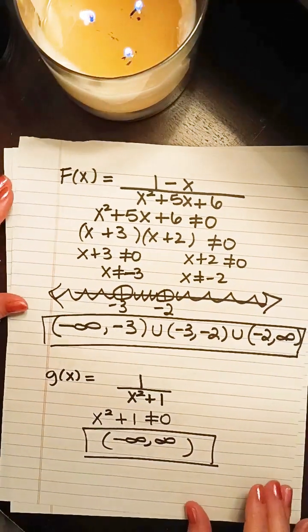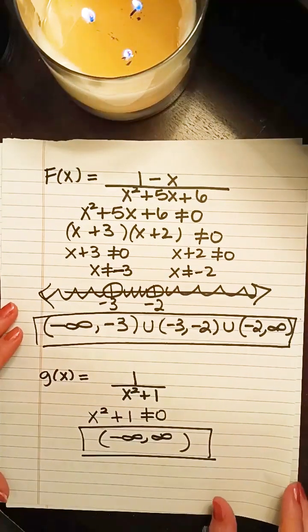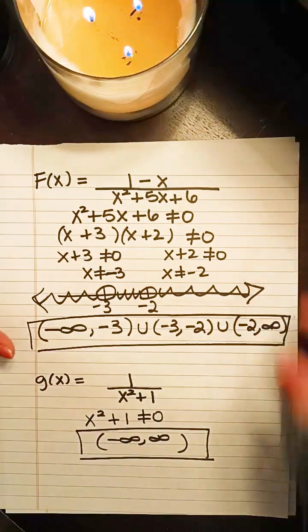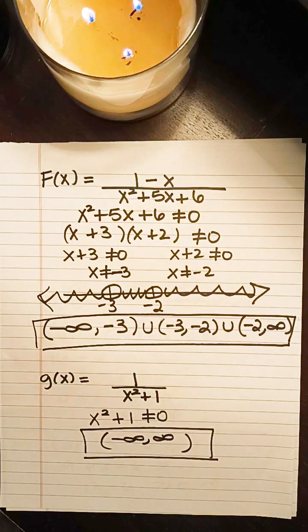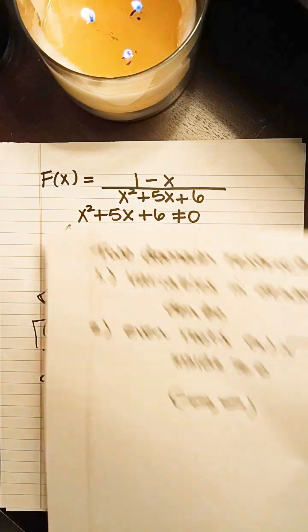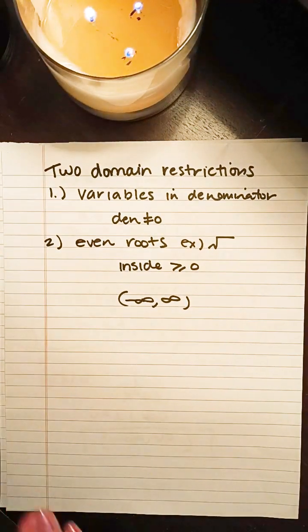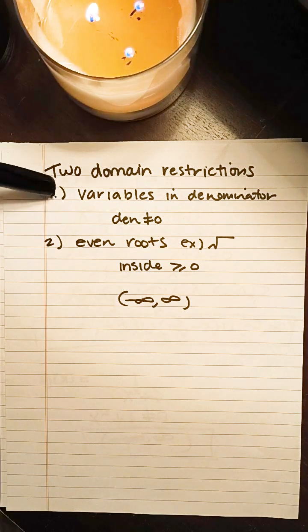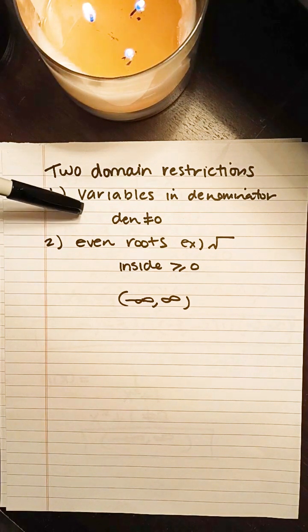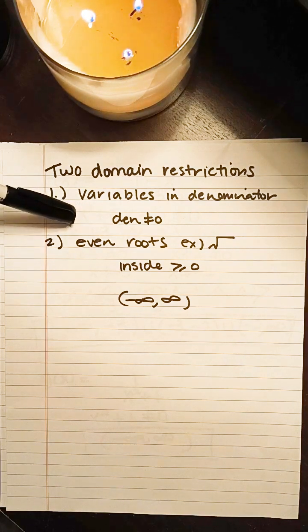So again, the domain is figuring out what real numbers you can input to a function that will hand you another real number. With these two domain restrictions, it can't happen if there are variables in the denominator. We have to make sure that the denominator is not 0.